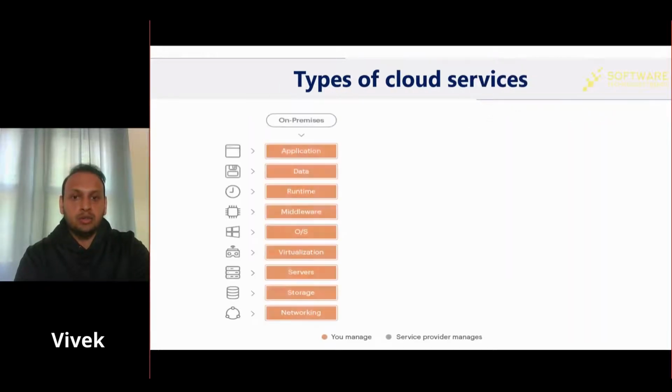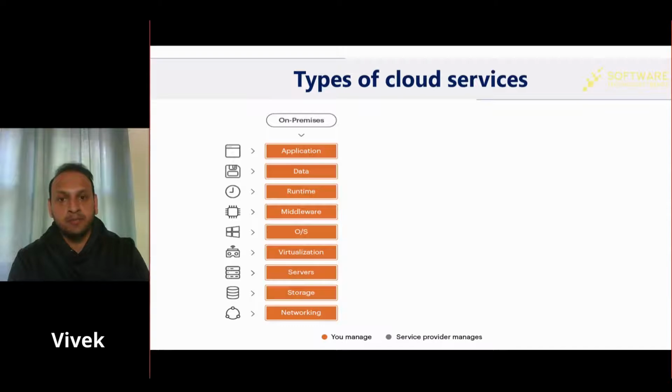So let's also look into types of cloud services, which is really important. There are multiple cloud service types. First, let's understand what on-prem services are. What are the things you will be managing when you have your own infrastructure? Be it application, data, runtime, middleware, operating system, virtual server, networking, all these layers will be managed by your own company or your own project.